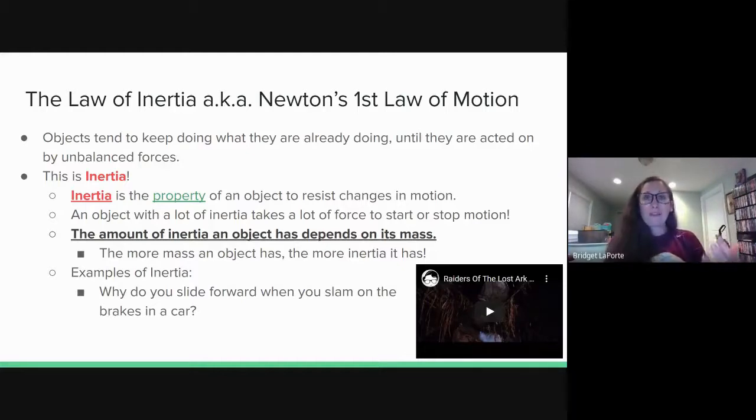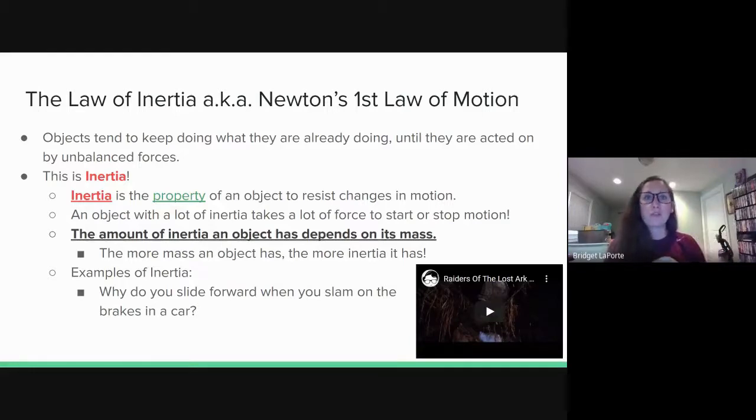And so when the brakes hit, it slows the car down, but you are still moving at 45 miles per hour. So that's why it's really important to wear your seatbelt, to make sure that you are going to slow down or be stopped in your movement when that car stops, especially when the brakes are being slammed on.